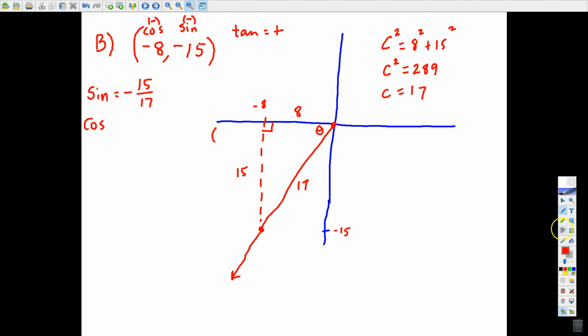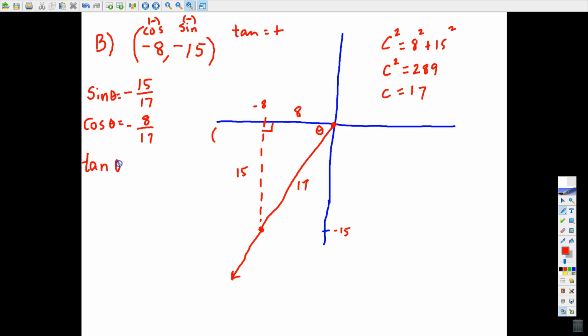Sine theta is this, cosine theta. For theta, cosine is the adjacent side over the hypotenuse. So we start off thinking that's 8 over 17, but realizing that cosine is negative in quadrant 3, I've got to make that ratio negative.